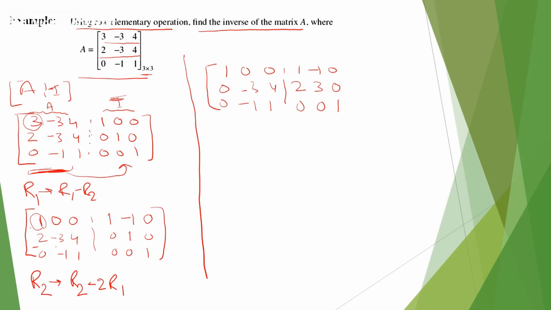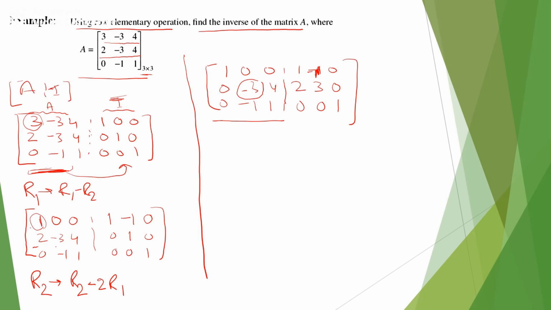So now we have obtained the first column of the identity matrix. Now we come to the second element of the second row and make it 1, because we are converting that matrix to the identity matrix.